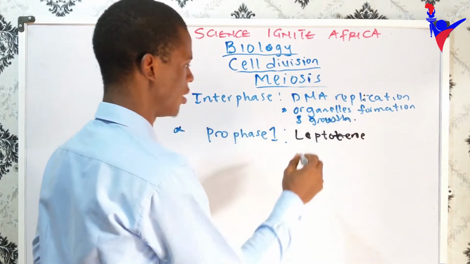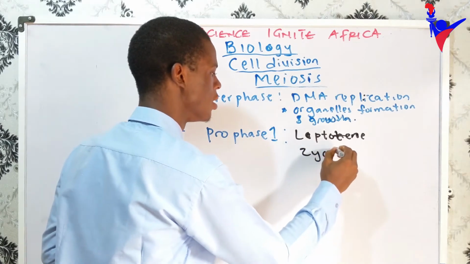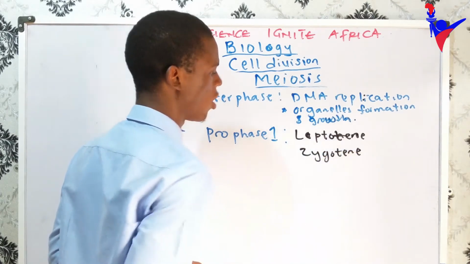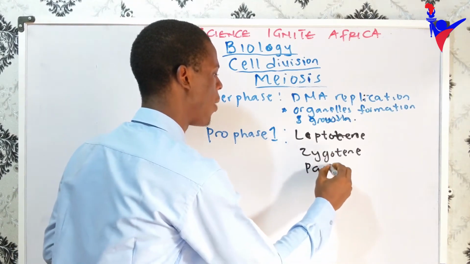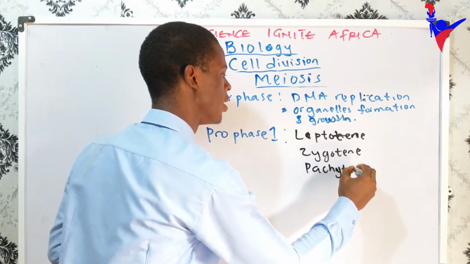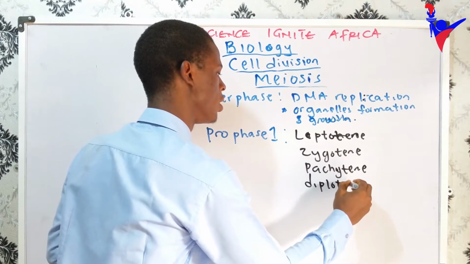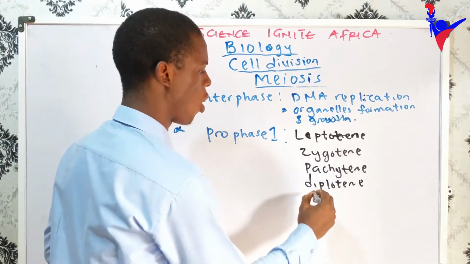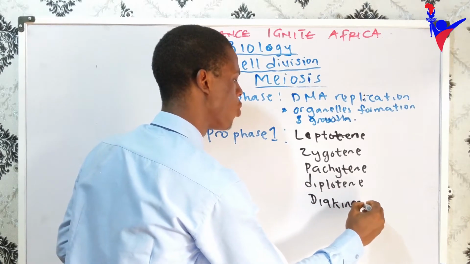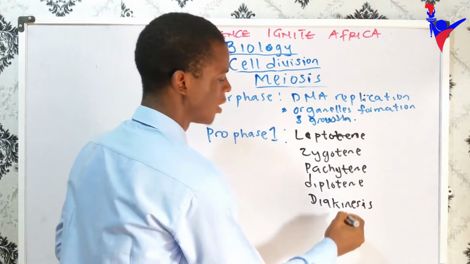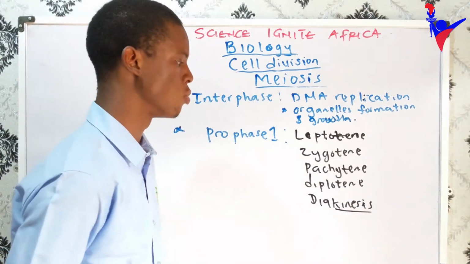We have the leptotene, and the other one, we have the zygotene, or in some cases they call it zygonema, and we have the pachytene. We have what we call the diplotene, and we have what we call the diakinesis. And you know what kinesis means from what I said. Kinesis, the root word is from kinetic, so it talks about movement.